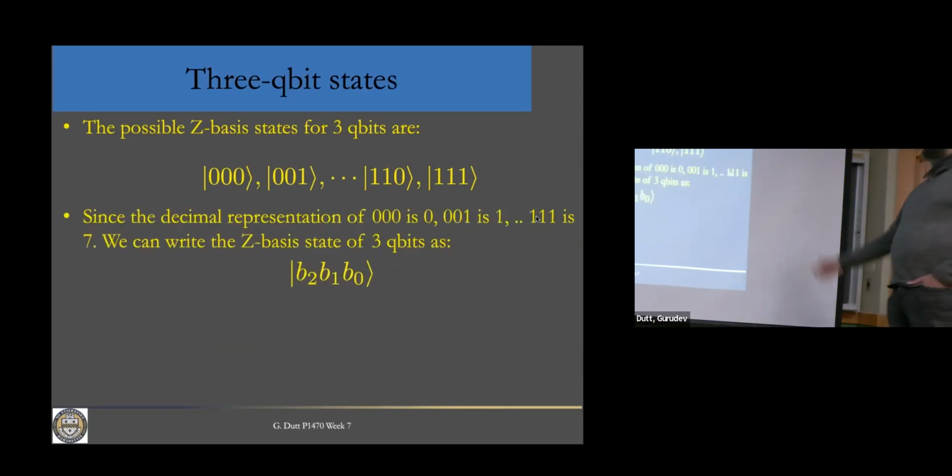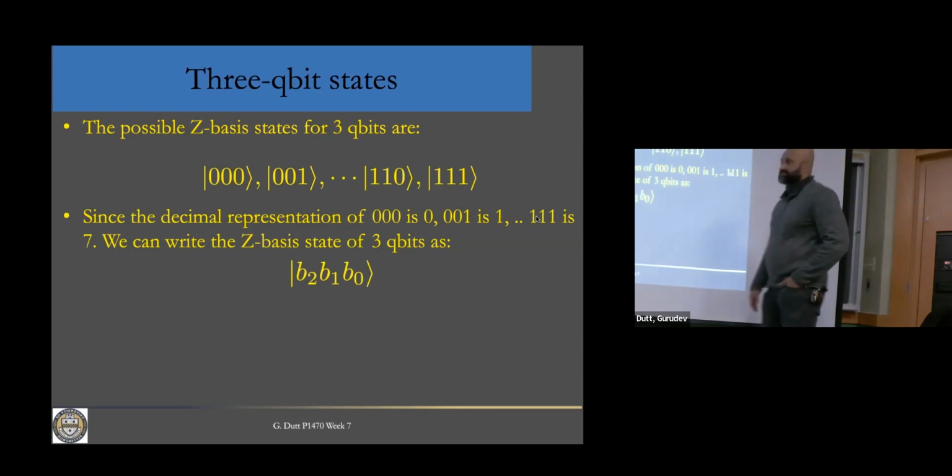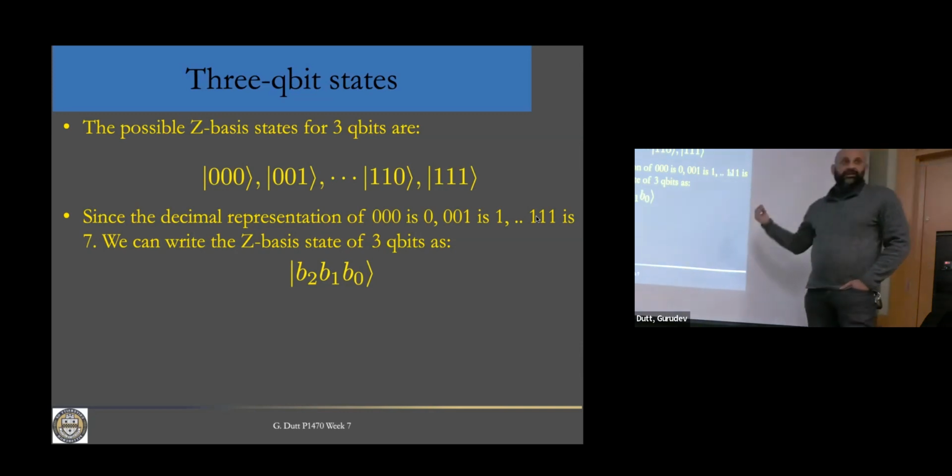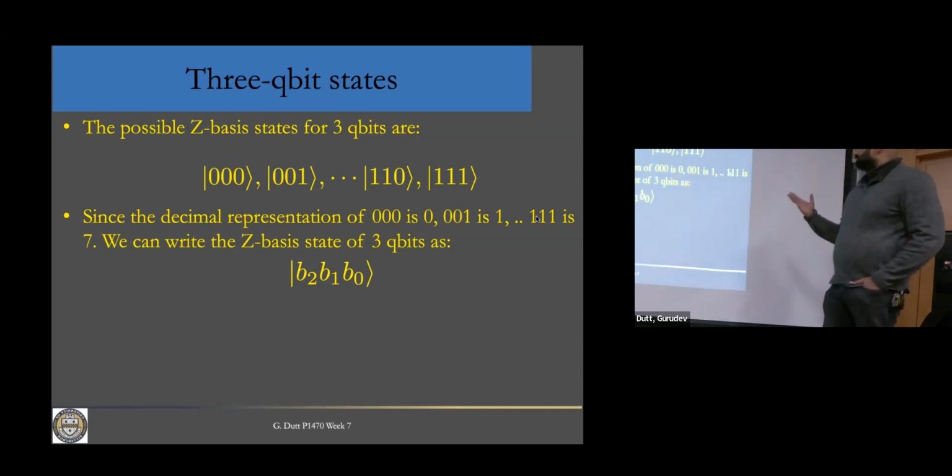And okay, we can also write it for 3 qubits, right? It's the exact same procedure, 0, 0, 0, 0, 0, 1, up to 1, 1, 1. And now we introduce an even more compressed notation for this using our knowledge of binary digits. The idea is very straightforward.